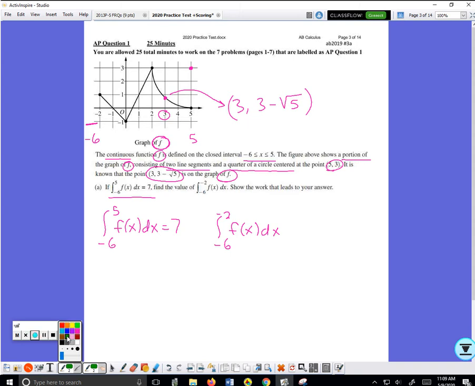The integral from -6 to -2 of f plus the integral from -2 to 5 of f must equal the integral from -6 to 5 of f.